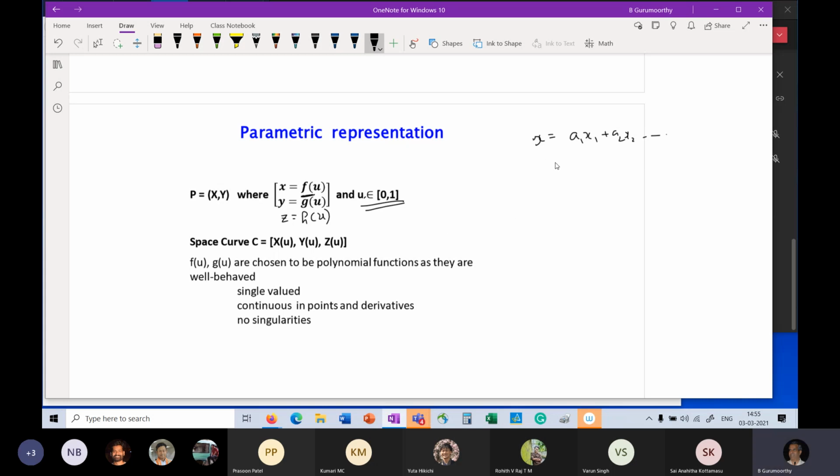It can be a harmonic equation, a1 cos x plus a2 cos 2x and so forth, till whatever limit you have. It can be hyperbolic or elliptic, e power x plus a2 e power 2x and so forth. And there are many such forms of equations, functions that I can choose for my parametric representation.